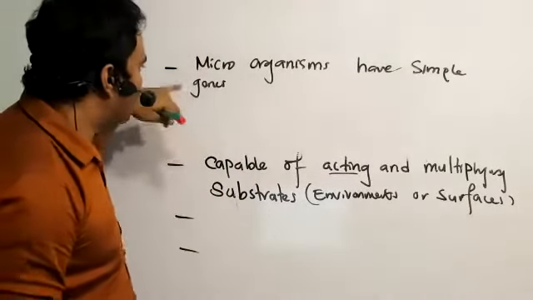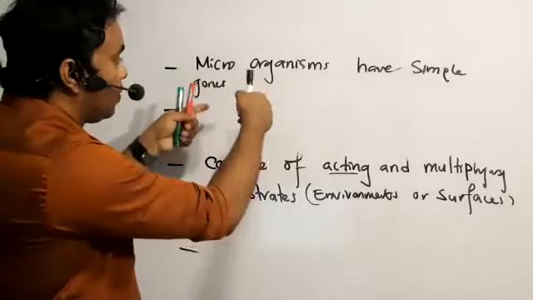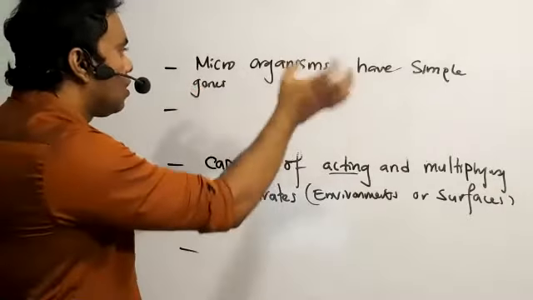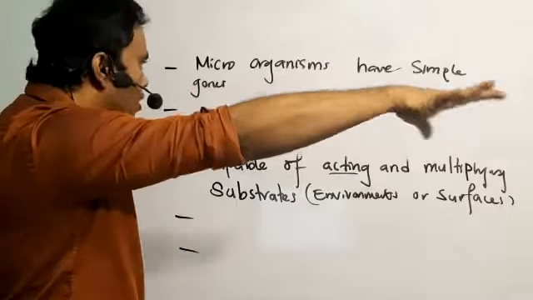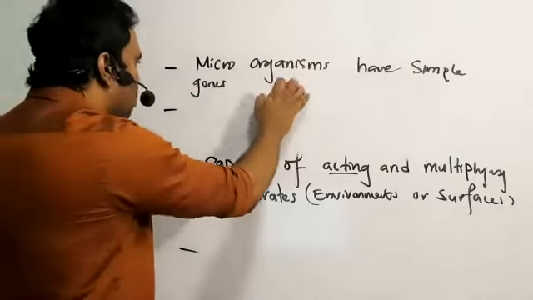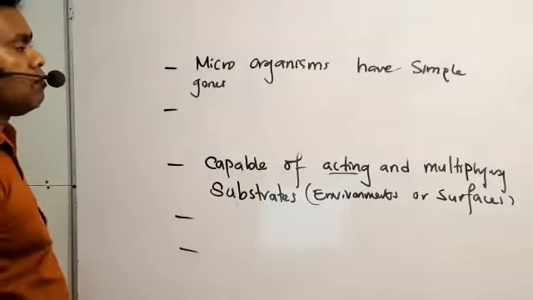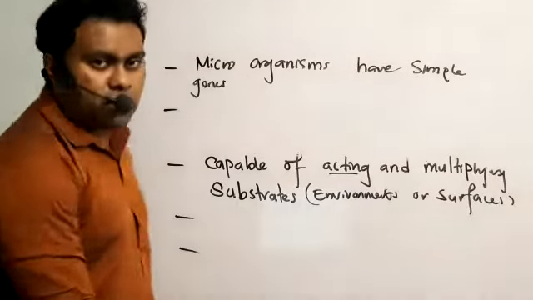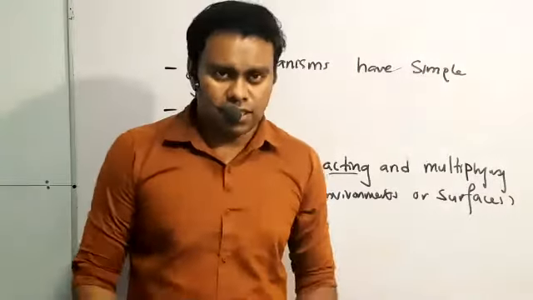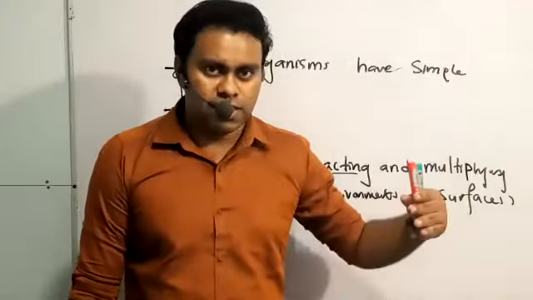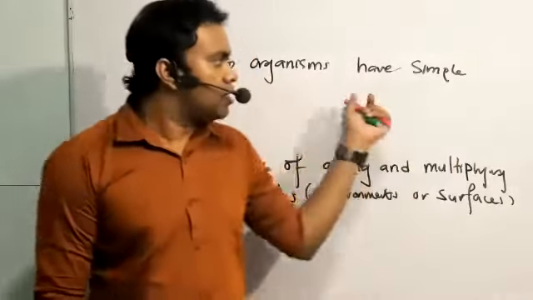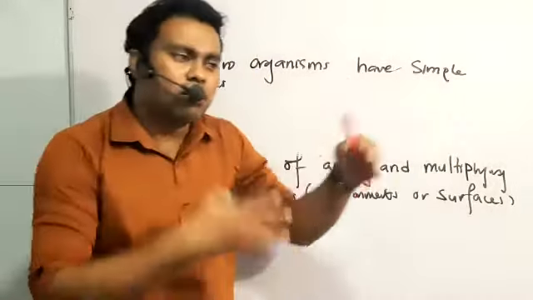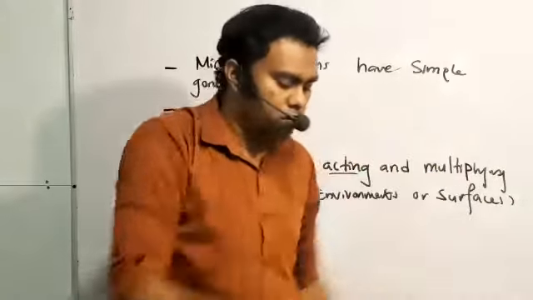Microorganisms have simple genes, so they are used for the production of golden rice and to produce Bt resistant crops. Bacillus thuringiensis is used as a biological pesticide, and that gene can be separated and hybridized into the plant.